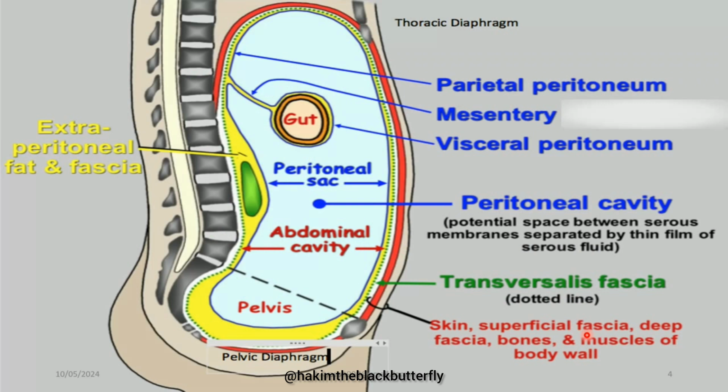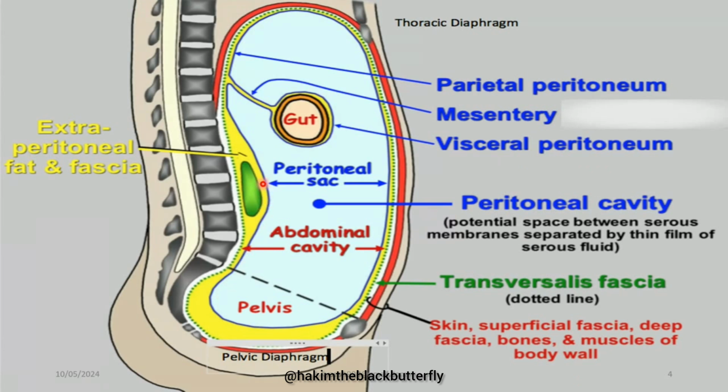This picture can further add on to what I've said. You can see the visceral peritoneum. So it reflects onto the abdominal wall to give us the parietal peritoneum that will line the inner aspect of the abdominal wall. But also, this parietal peritoneum extends deep into the pelvic cavity to also line the organs of the pelvic cavity, as we shall later see.